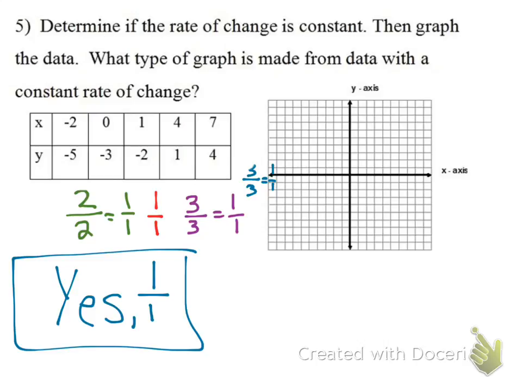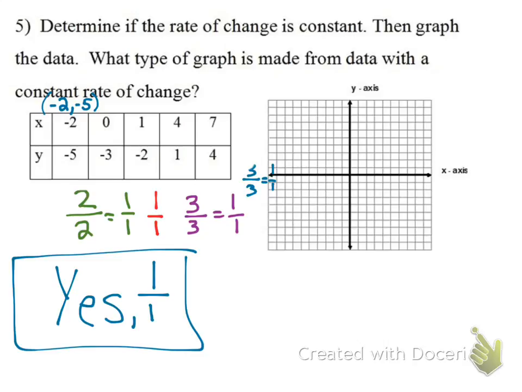Okay. Now, do you see how the first row says X and the second row says Y? You can actually think of these as ordered pairs. So like you could write this as negative 2, negative 5 like we saw yesterday. And 0, negative 3. And 1, negative 2. So this is the same as writing it in an XY table. Okay?